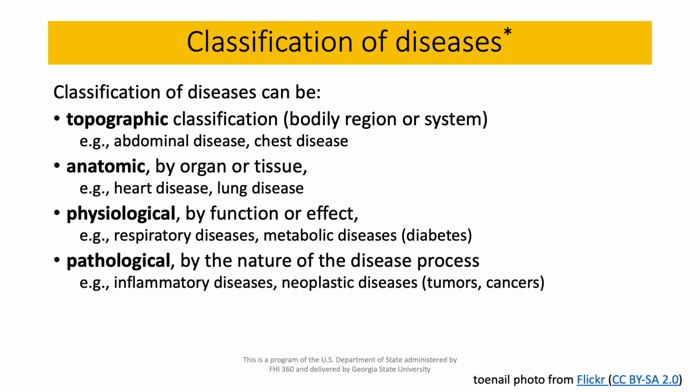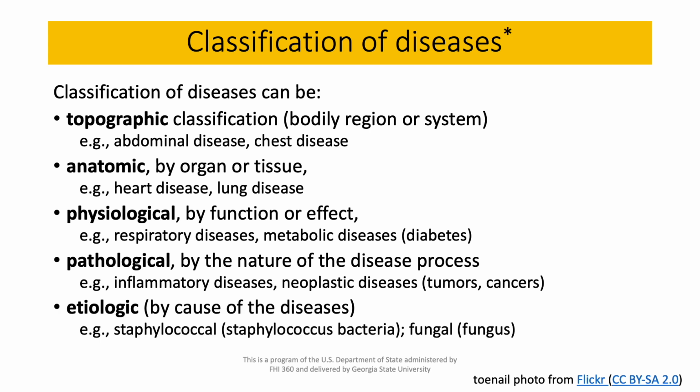You can also have a pathological classification, which is a classification by the nature of the disease process, like inflammatory disease or neoplastic disease that include things like tumors and cancers. The classification can also be etiologic, which means that it is based on the cause of the disease.